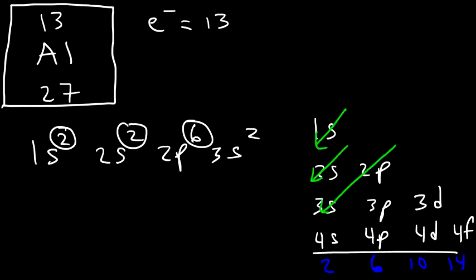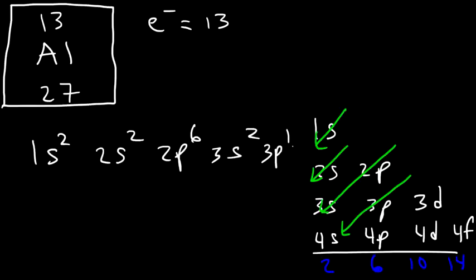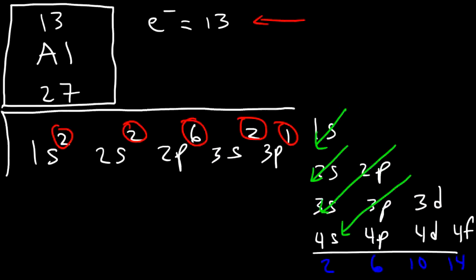We only need 1 more. So after 3s, we need to move on to 3p. Now we don't need to go up to 3p6. We only need 1 more, so we're going to stop at 3p1. So if you add 2 plus 2 plus 6 plus 2 plus 1, that will give you a total of 13. So this is the ground state electron configuration of an atom of aluminum.